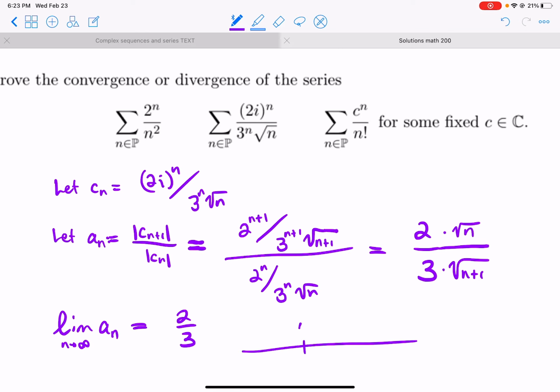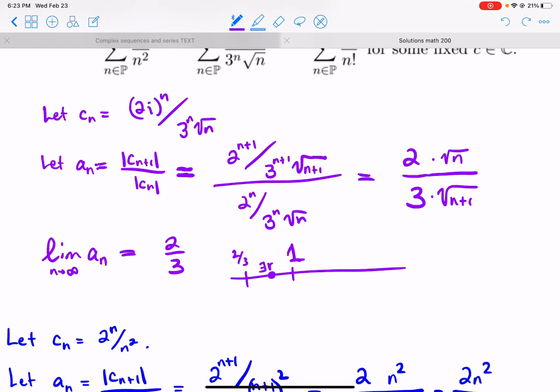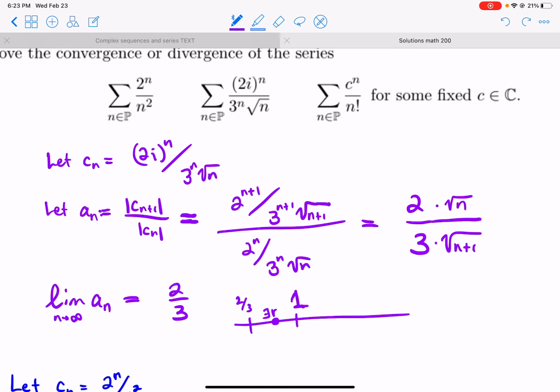And here we are at geometric series, and here's 2/3 somewhere. And so there exists a number between 2/3 and 1, which is strictly less than 1, which will give us a convergent geometric series, and we will be able to compare it to our series. It'll be less than a convergent geometric series.